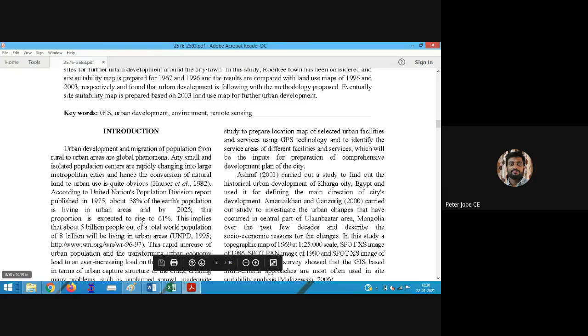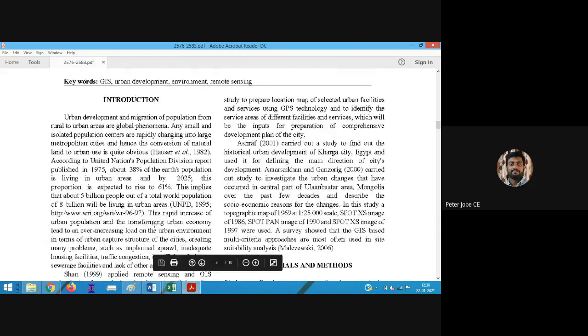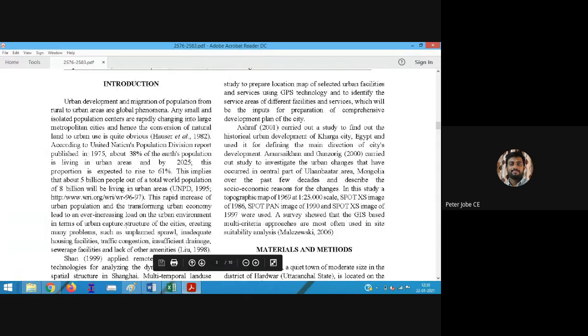So the rapid increase in urban population and the transforming urban economy lead to a never-ending increase in the load on the urban environment in terms of urban infrastructure of cities, creating many problems such as unplanned sprawl, inadequate housing facilities, traffic congestion, insufficient drainage, sewerage facilities, and lack of other amenities. So we have seen with our own eyes how unplanned towns have become a burden for both the residents and also the people who pass through the town.